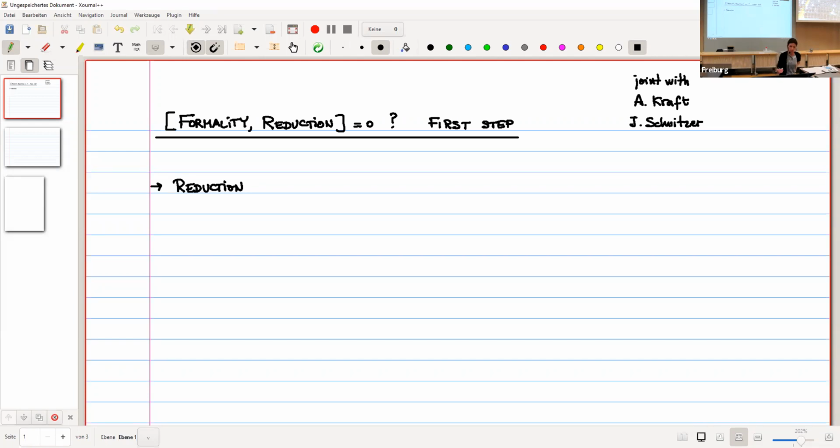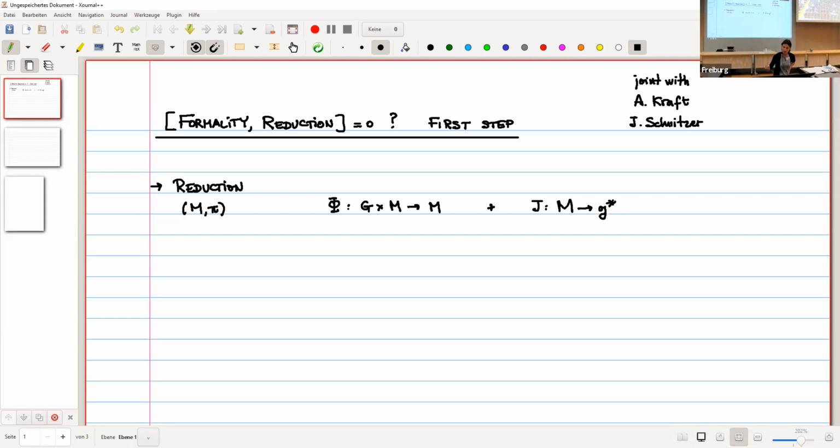So the idea is that we have a Poisson manifold that is useful to describe mechanics, and you have an action of a Lie group on M. It has to behave well, meaning it has to be proper and free, and allowing what we call a momentum map, which has to be equivariant.